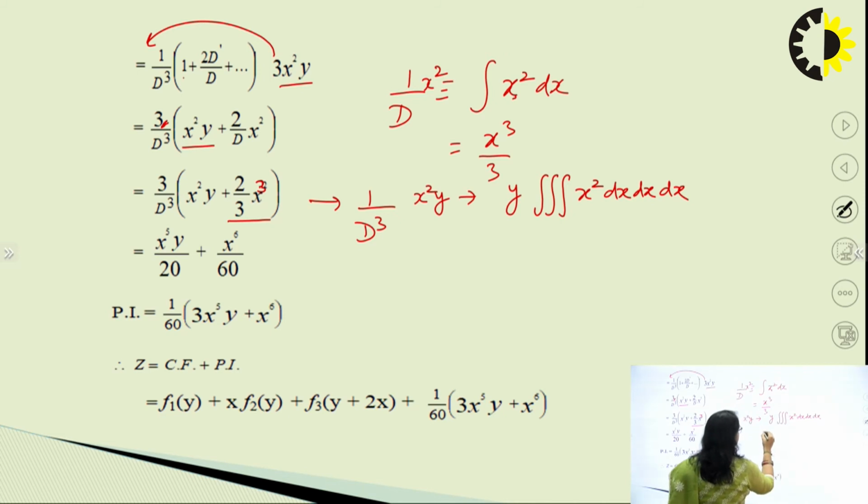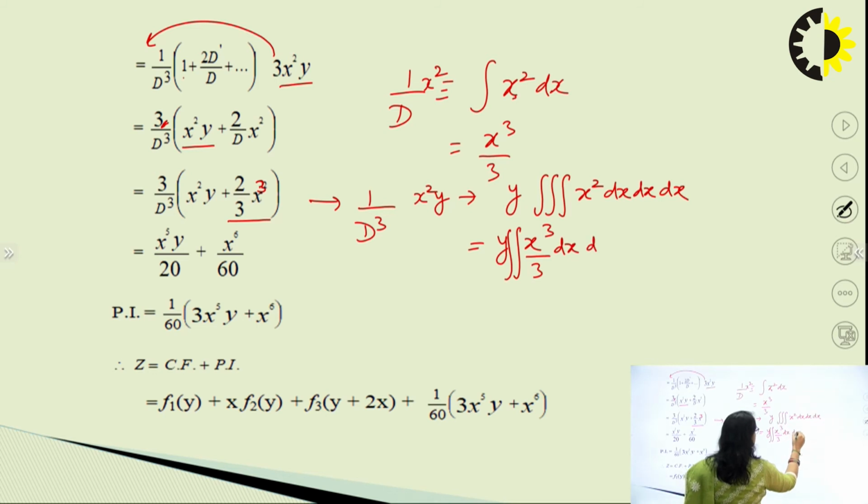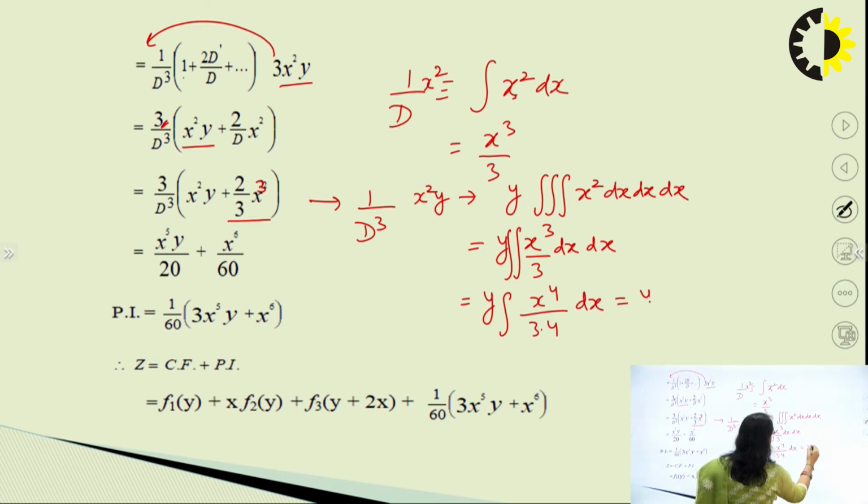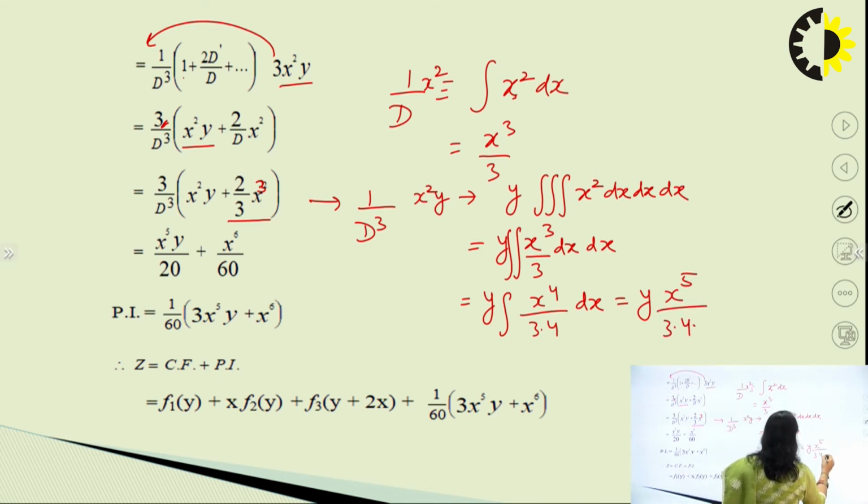That means I will be having y x cube upon 3, integration left 2 times, then I will be having y integration of x to the power 4 upon 3 into 4, and in the end I will be having y x to the power 5 upon 3 into 4 into 5.